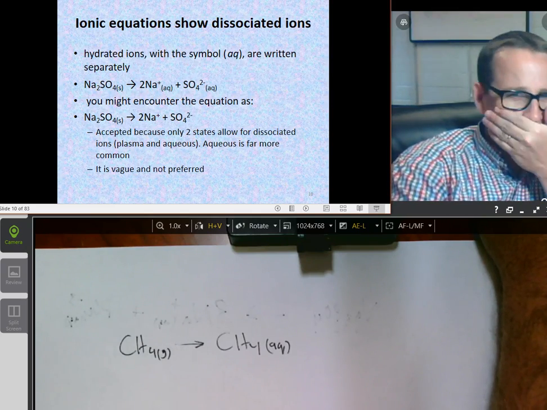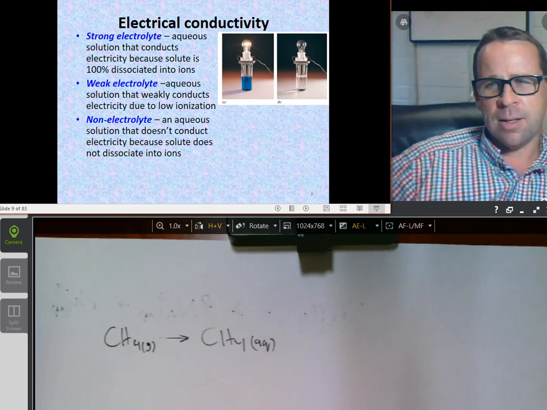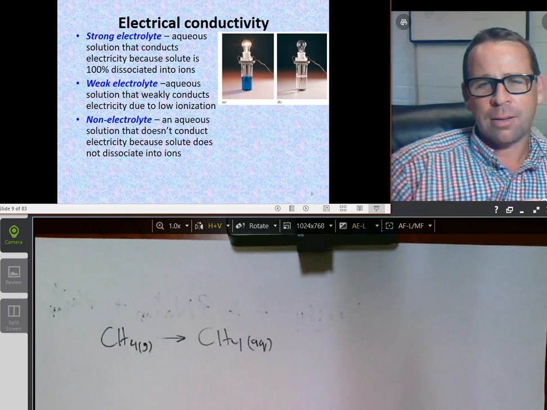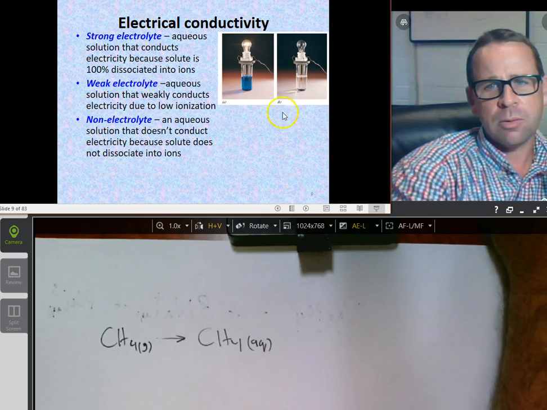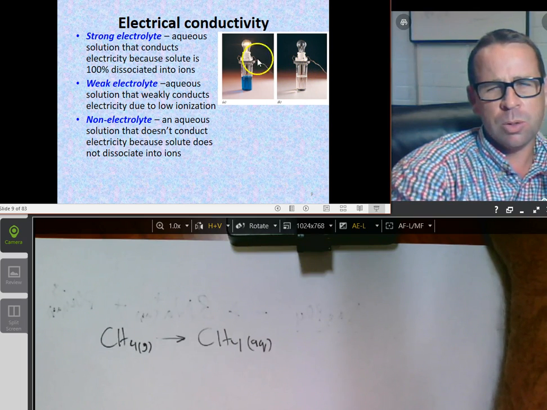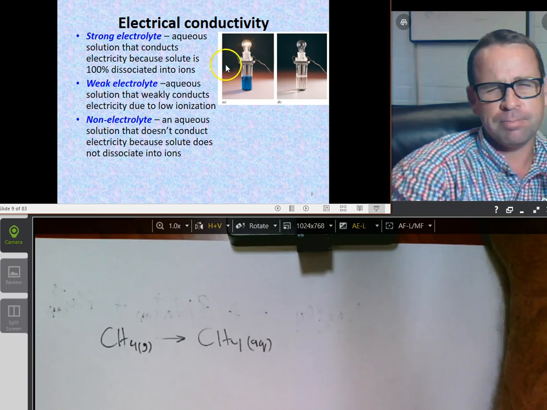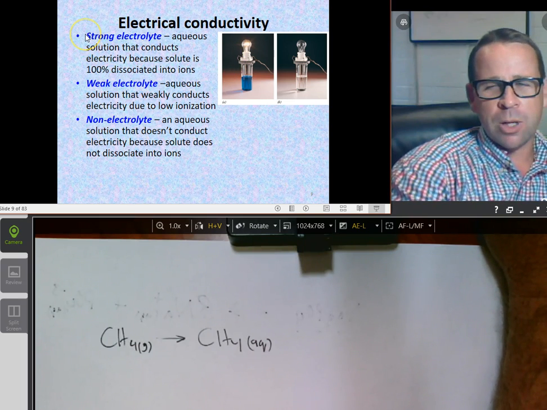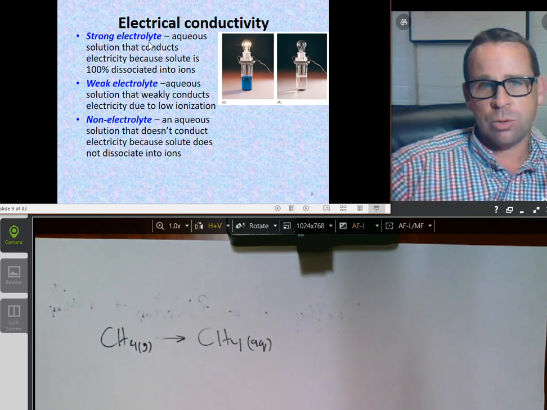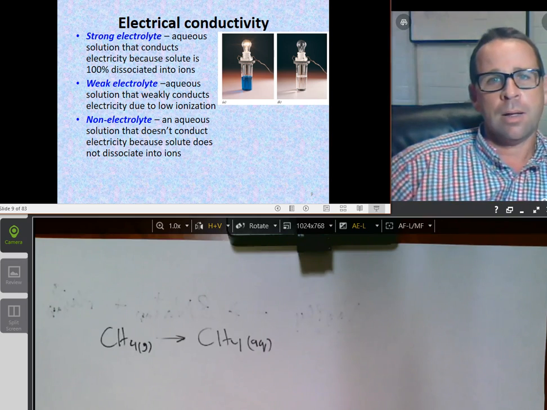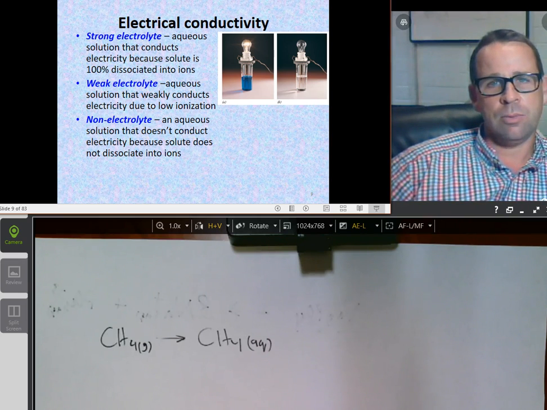Okay, and another way that you can tell that ions are in the solution is because the resulting solution will be conductive. Remember we talked about conductivity before? The conductive solutions will allow the light bulb to light up. Another name for conductive solutions is electrolytes. An electrolyte is a name of a solution that has ions dissolved in it.